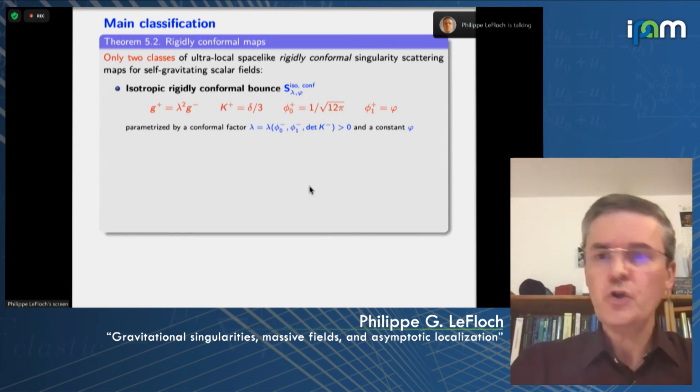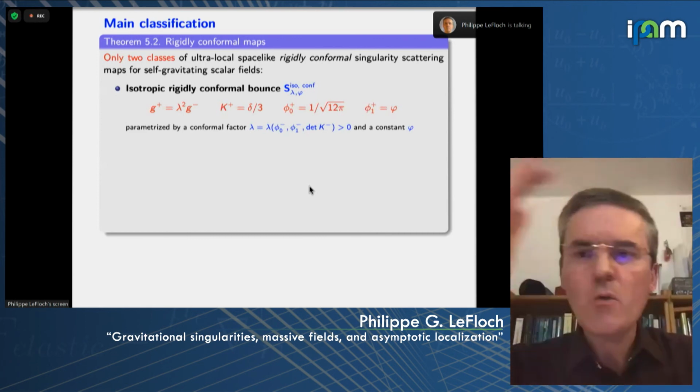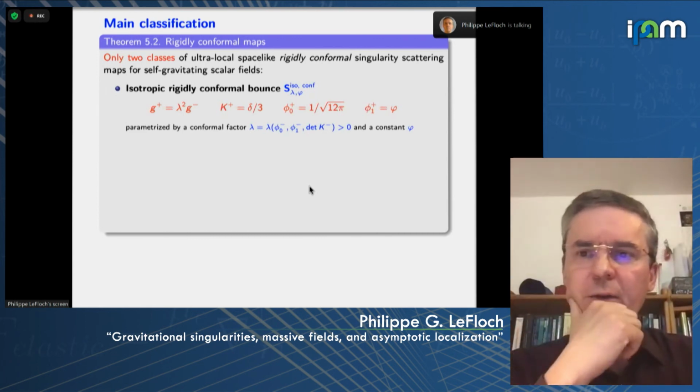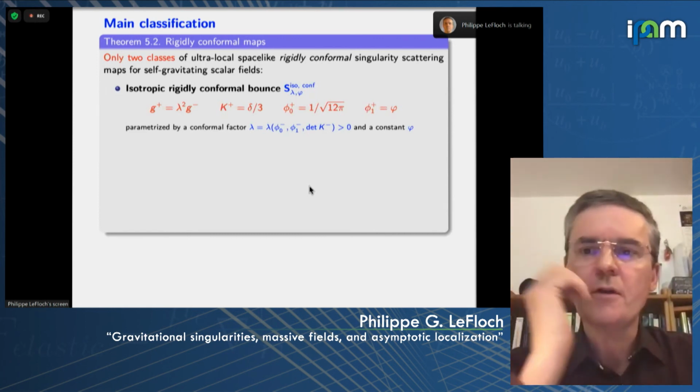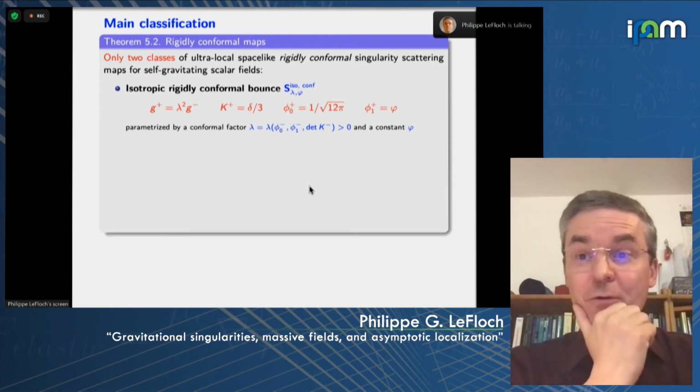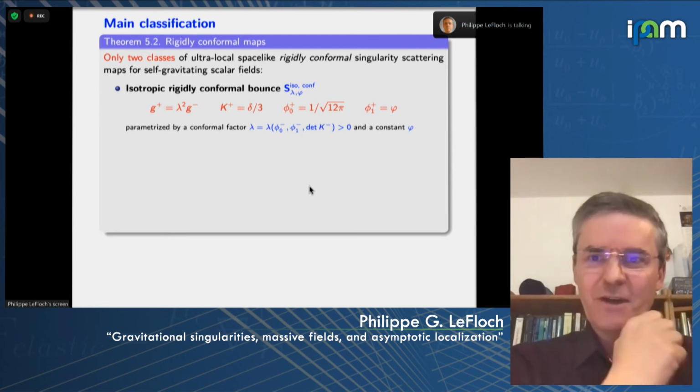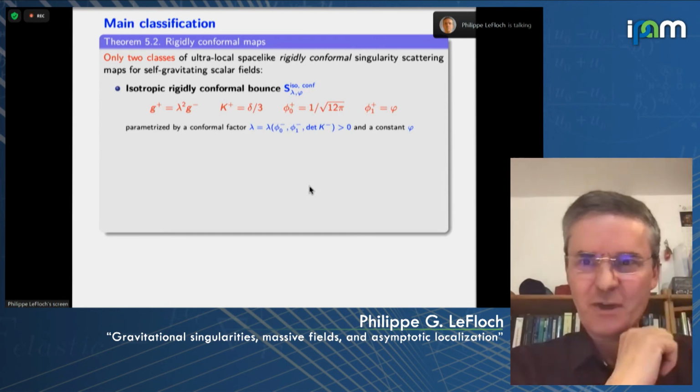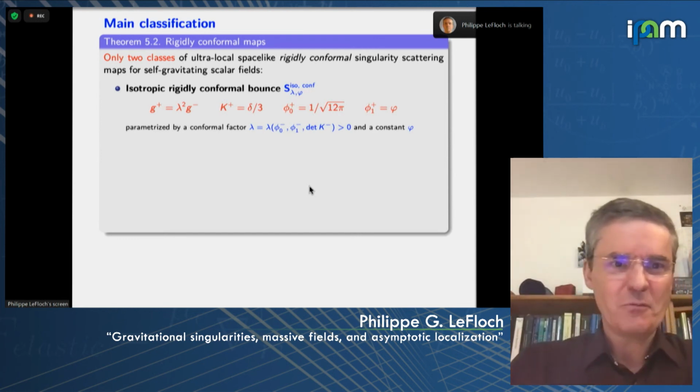So this is the main point. You could first think that there are many ways to cross the singularity hypersurface, and there is no classification whatsoever, right? But there is a classification. And we prove that we have only two classes of ultra-local space-like, rigidly conformal singularity scattering maps for self-gravitating scalar fields.